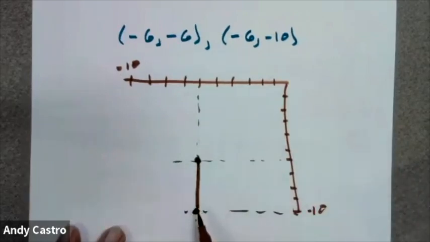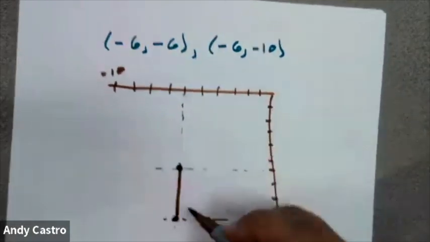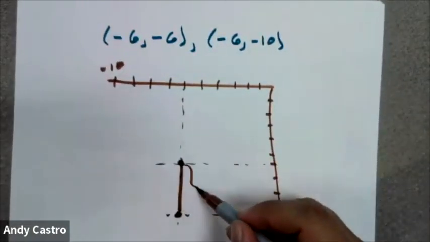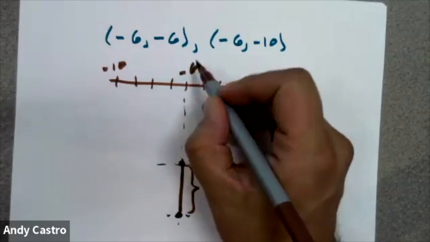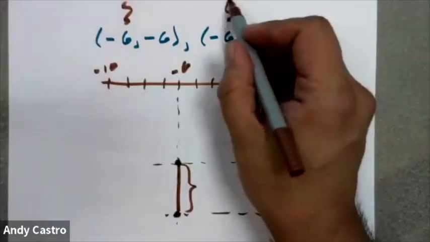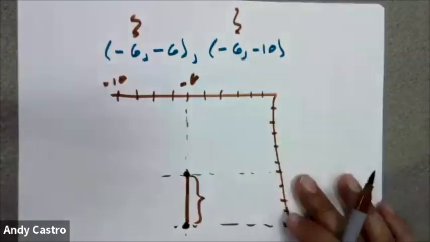All right, so this distance here would actually be really easy to calculate, because if we look at this distance here, that is the hypotenuse. There is no x distance. They both have -6 as the x coordinate.